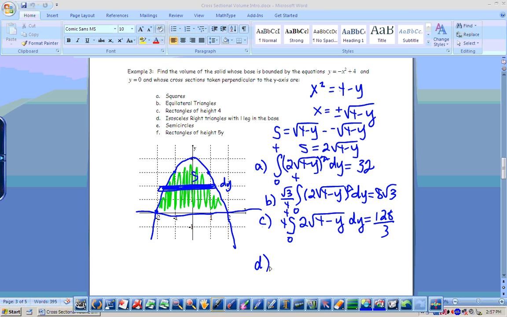For your isosceles triangles with one leg in the base, the formula for the area of an isosceles triangle is 1/2 side squared. So 1/2 integral of s squared dy from 0 to 4 ends up being 16.